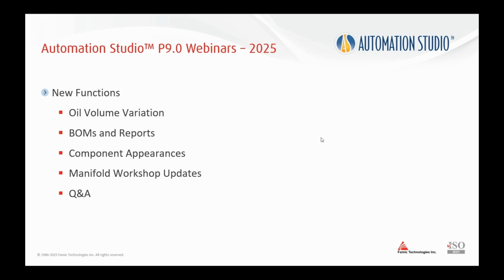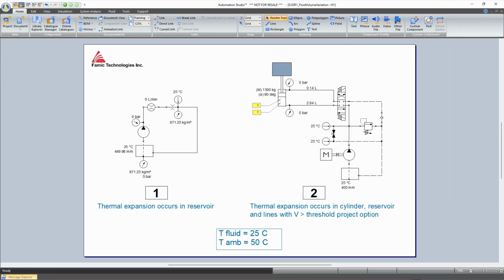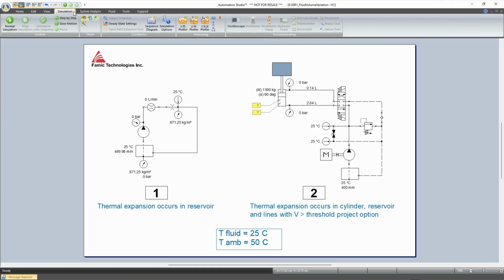Okay, thank you. So this feature is the ability to simulate the variation in the volume of fluid as a function of temperature. Let's say we want to evaluate the evolution of temperature in a project like this one. First, we need to turn on the thermal evolution in the simulation options.